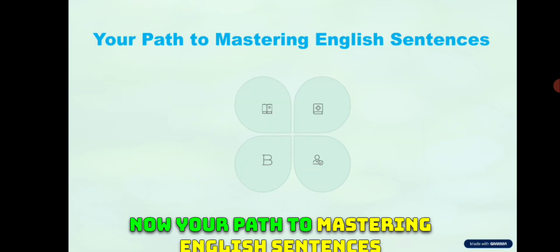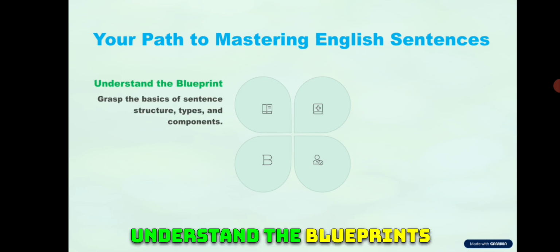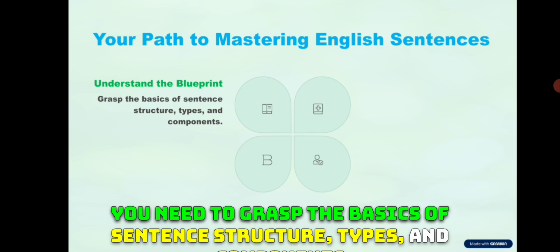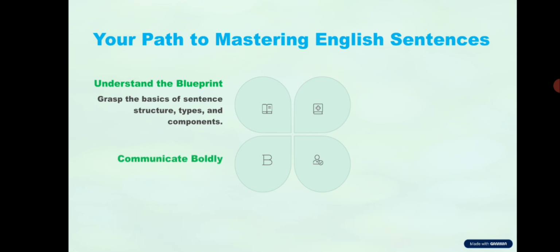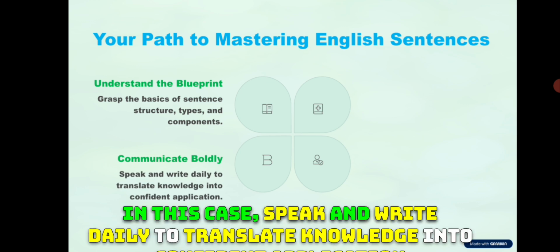Now, your path to mastering English sentences. Understand the blueprints. You need to grasp the basics of sentence structure, types, and components. You need to communicate boldly. In this case, speak and write daily to translate knowledge into confident application.